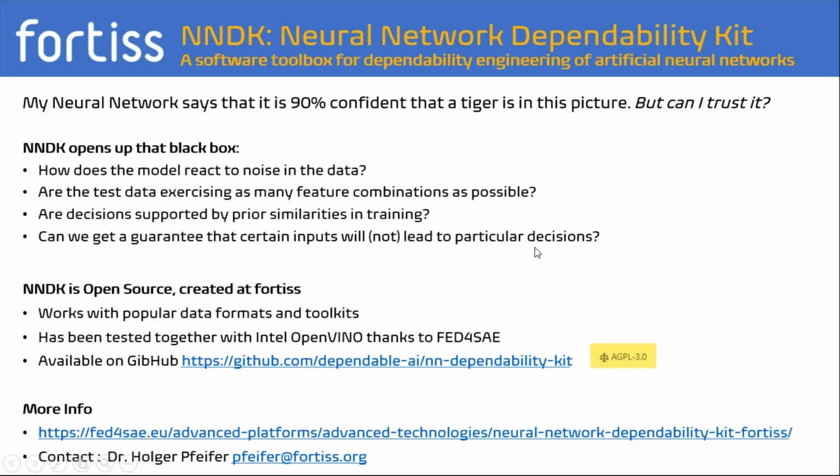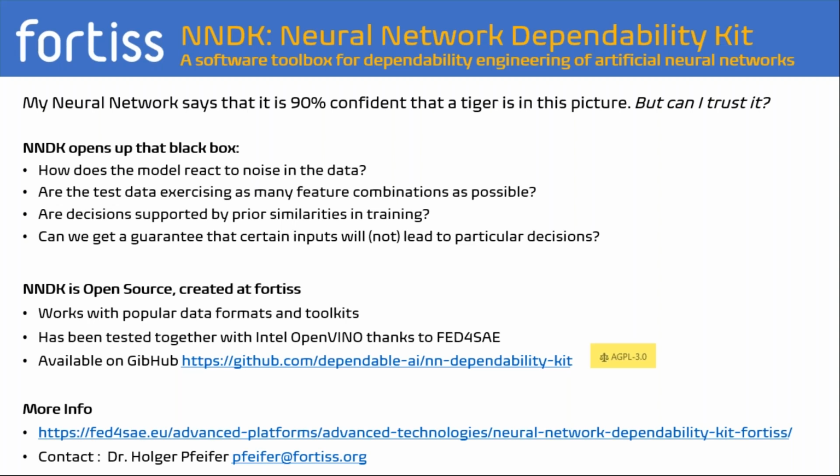Just a quick shout out for our colleagues in Fortis in Munich. They are a research organization funded from the Bavarian state, and they're interested in software dependability. They have provided this NNDK that really opens up these neural networks because they are black boxes.